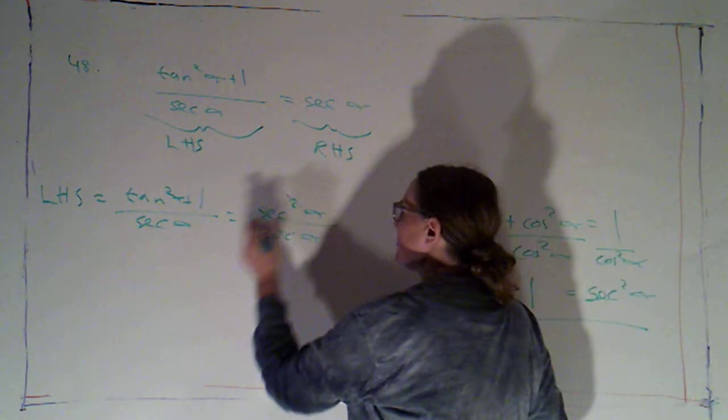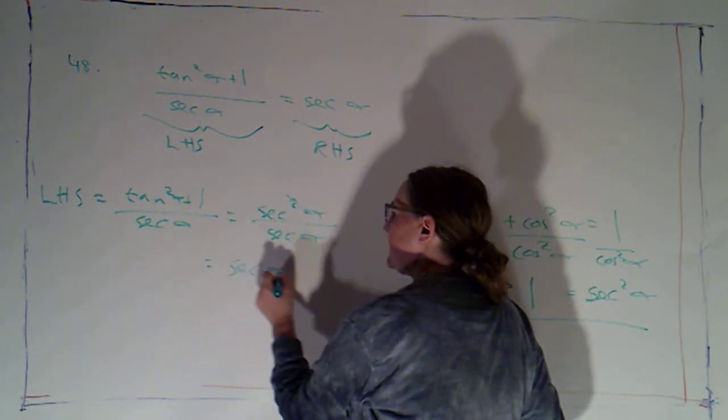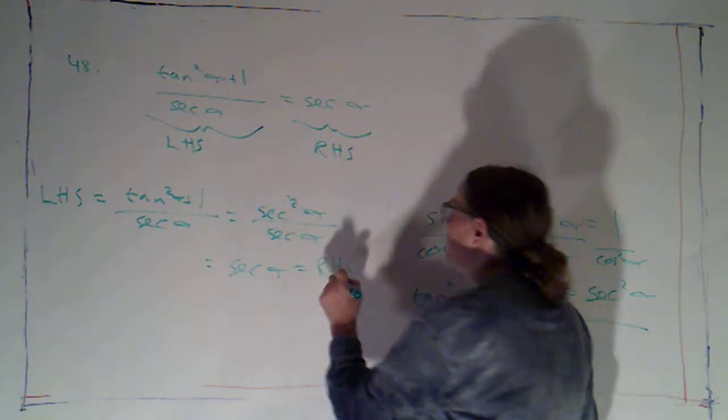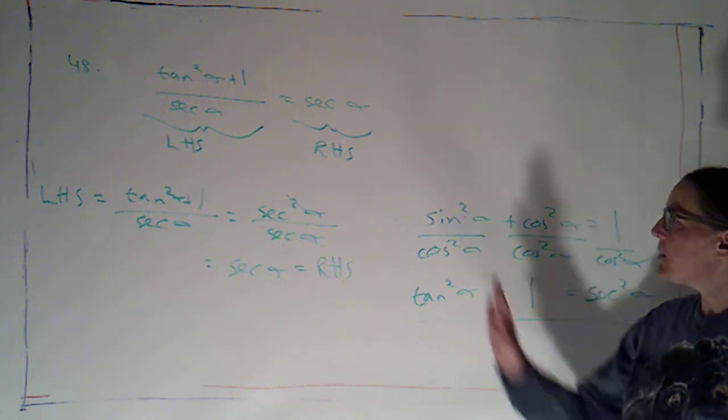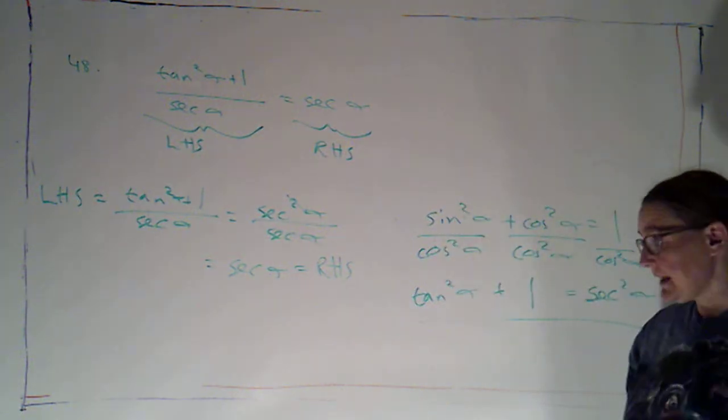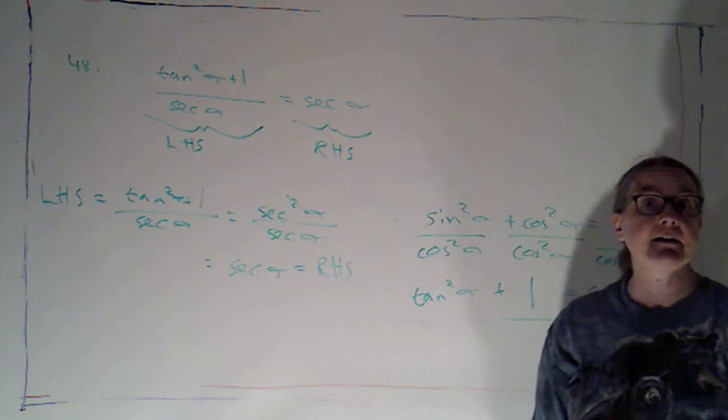And now I can cancel one factor of secant of alpha, and I get secant of alpha, which is the right-hand side. Nice.